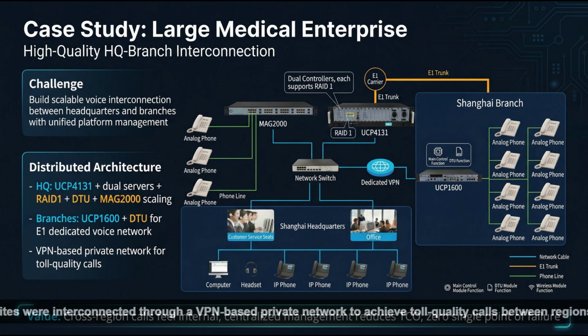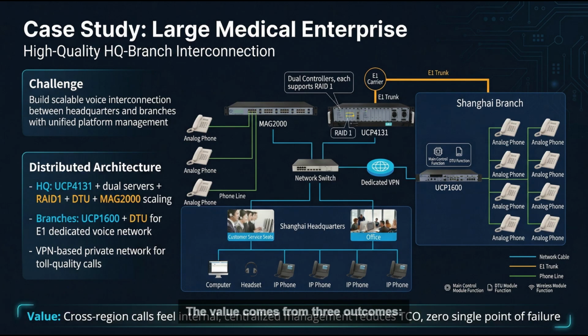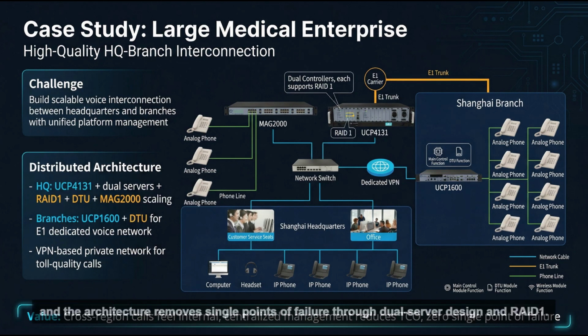Sites were interconnected through a VPN-based private network to achieve toll-quality calls between regions. The value comes from 3 outcomes. Cross-region calls feel like internal calls. Centralized management reduces total cost of ownership, and the architecture removes single points of failure through dual server design and RAID 1.